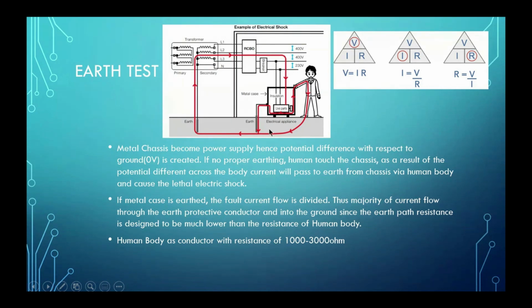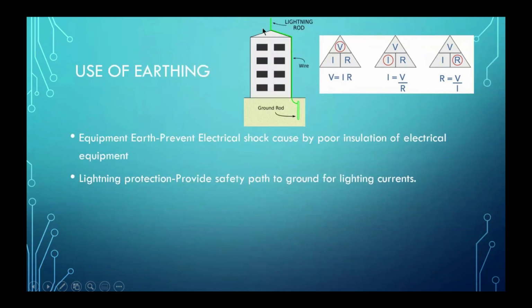Another function of the earthing is when there is lightning: a high voltage and high current will flow through to your building, and this current will straight away flow to the ground. So this is the use of earth. So testing the earth is very important.